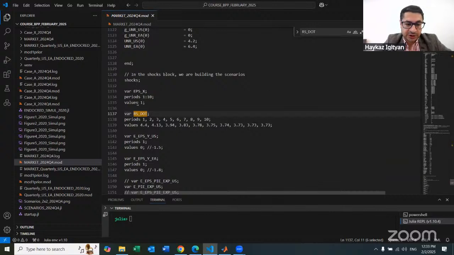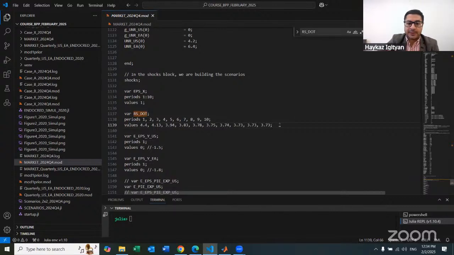Then going to the block of the shocks, we are saying that from period 1 to 10, the values of the interest rate, so it goes back to the fourth quarter, I guess it was early December or late November, we put these values for the interest rate according to the Atlanta Fed, 4.4, and then it stabilizes to 3.7. But recently this value is higher.